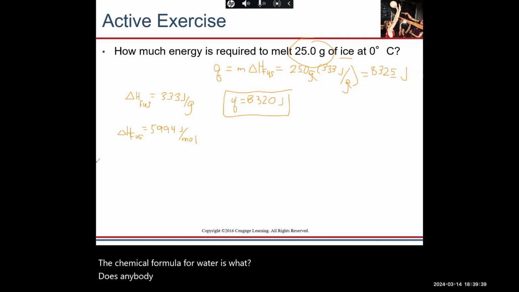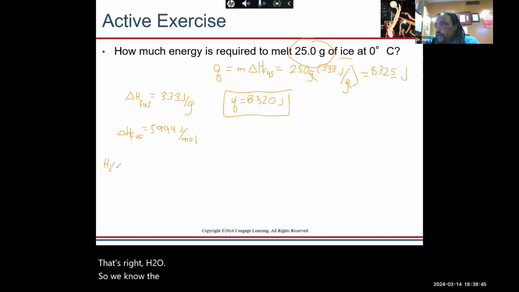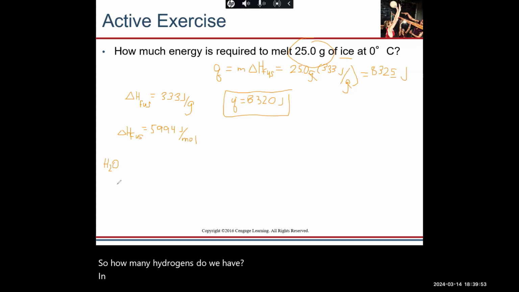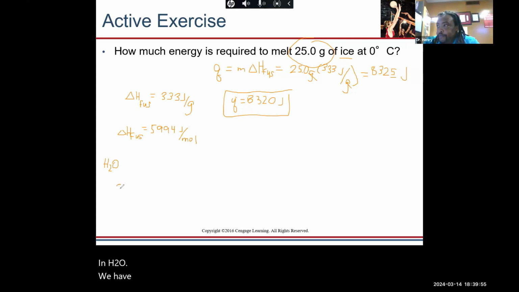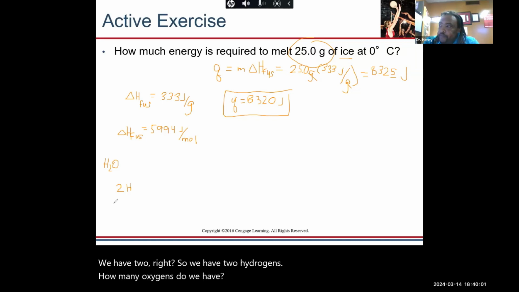That's right, H2O. So how many hydrogens do we have? 2. H2O. We have two hydrogens. How many oxygens do we have? One. We have one oxygen.